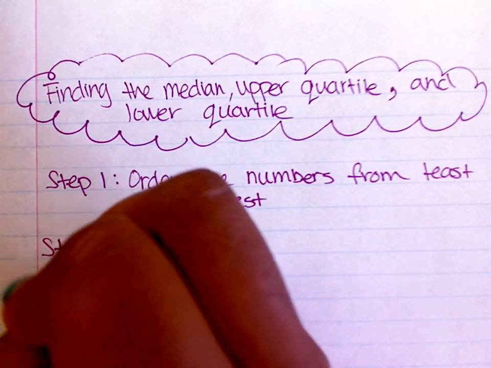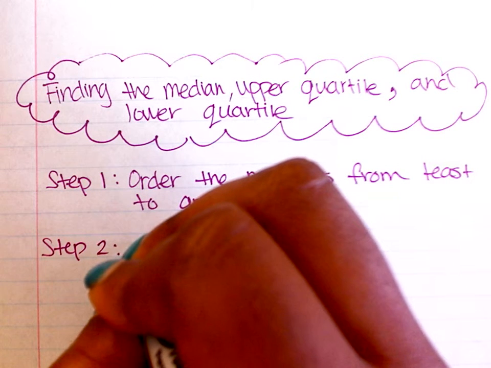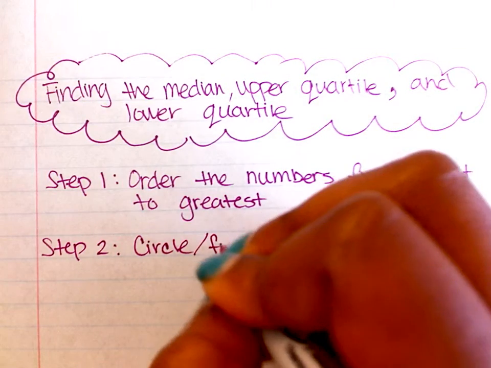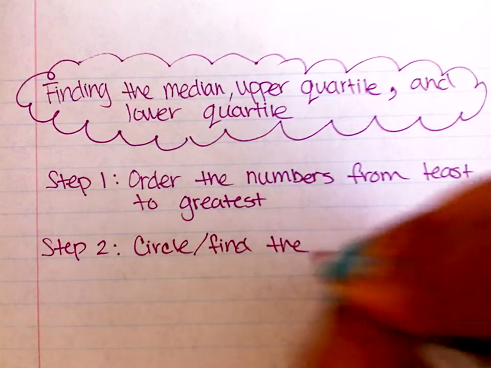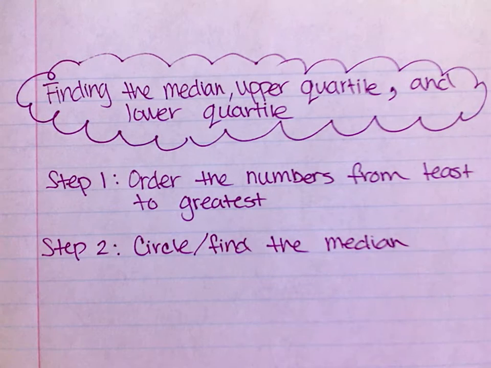Step 2. You're going to circle or find, either way, I like to circle it, the median. And we know how to find the median because we have a quiz on that.